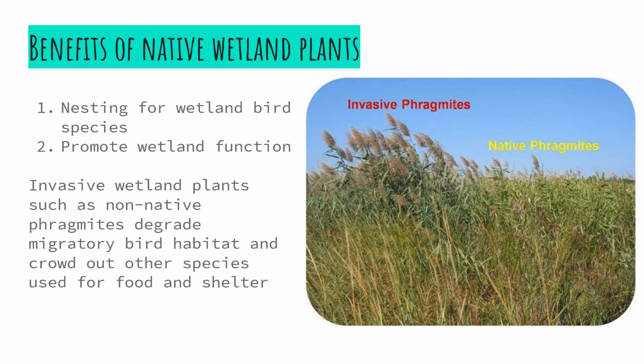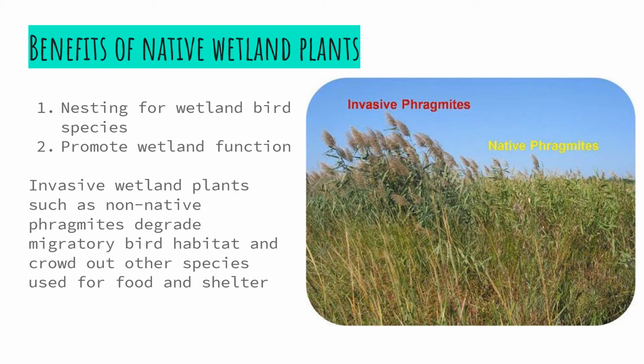By planting with native plants in your wet soil space, you're actually contributing to native wetland habitat. This could potentially increase the nesting for wetland bird species and promote wetland functions in your area. There are many benefits to native wetland plants. Invasive wetland plants, such as the non-native Phragmites pictured at the right here, degrade that migratory bird habitat and crowd out other species that are used for food and shelter by these wildlife creatures.